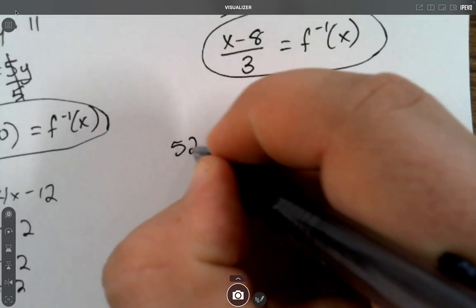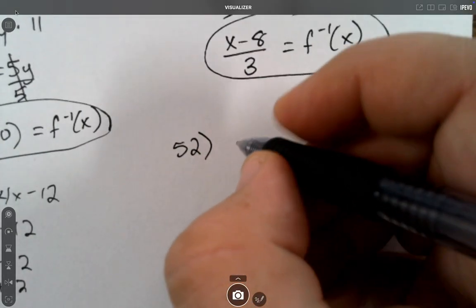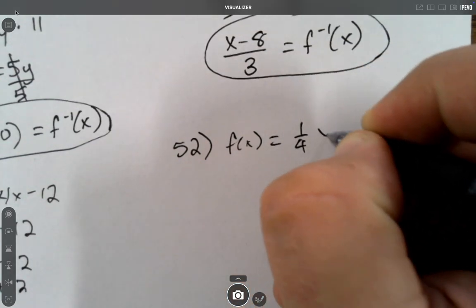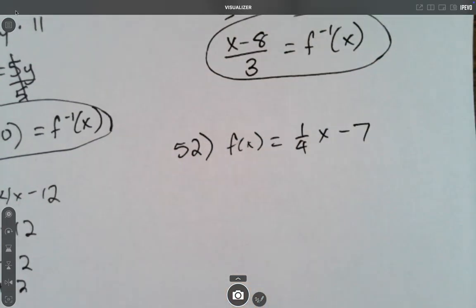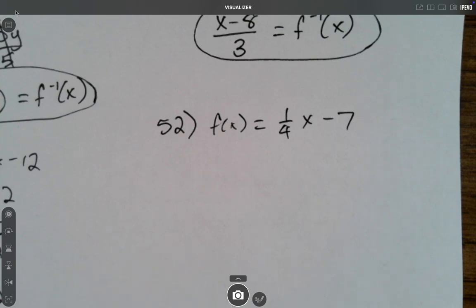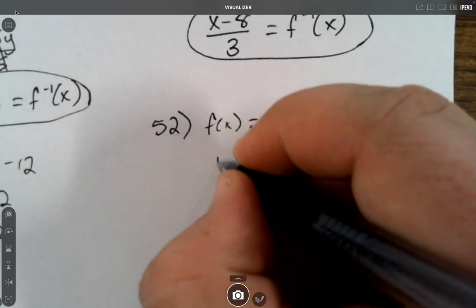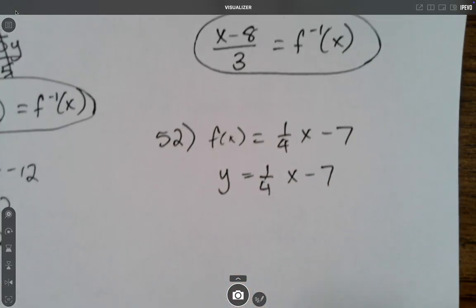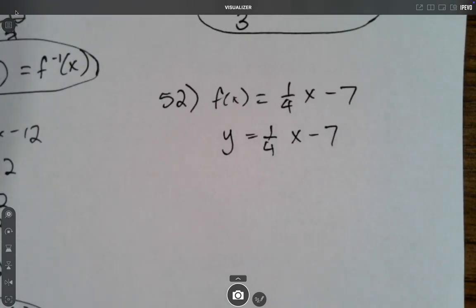All right, last one. We've come a long way. 52. F of x equals 1/4 x minus 7. So our first step, as it has been all along, is to replace the f of x with y. Then we swap the x and the y.